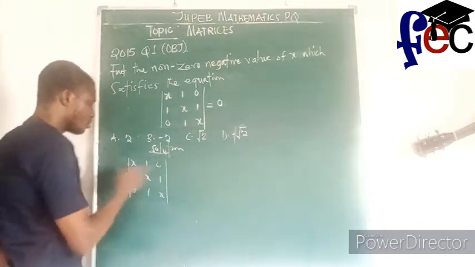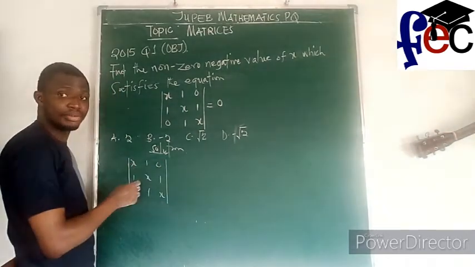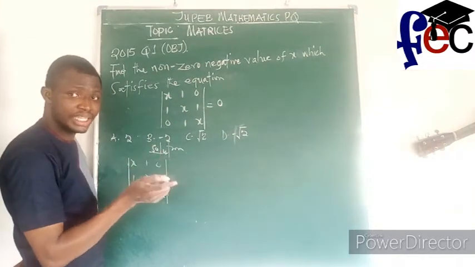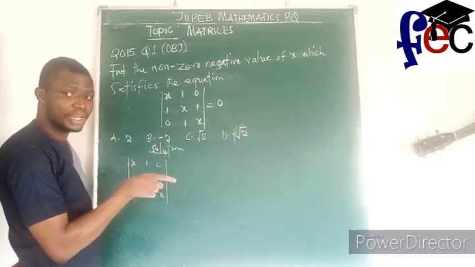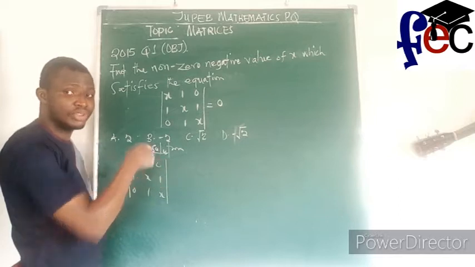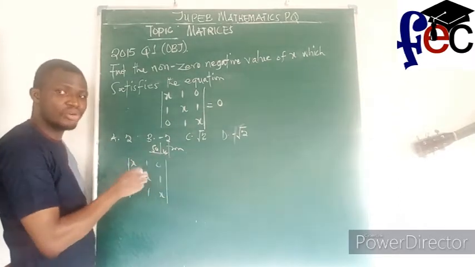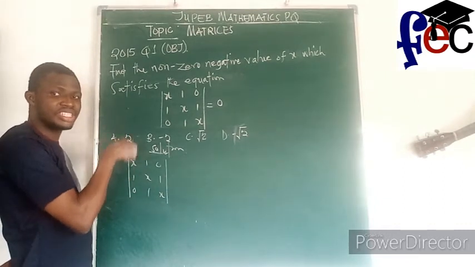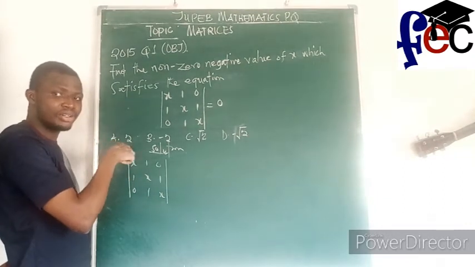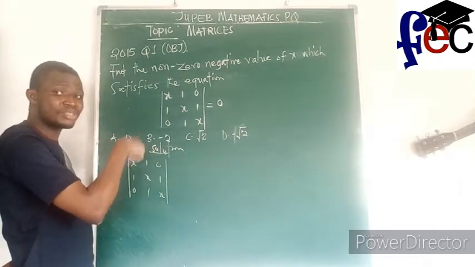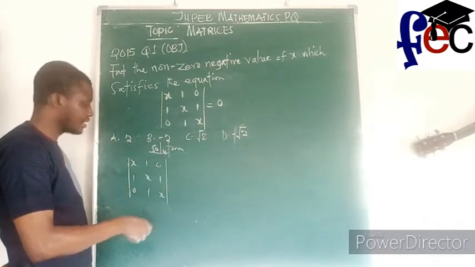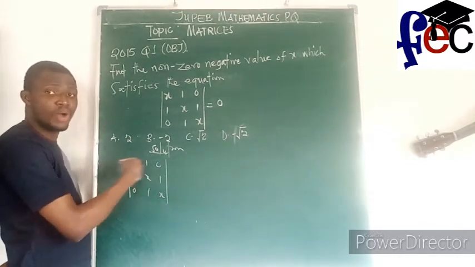So I'm taking this now. Don't forget I said the determinant of this 3 by 3 matrix is the sum of the products of each element along any row and their corresponding cofactor. So I'm picking row 1 now.